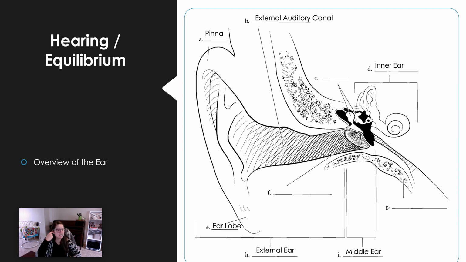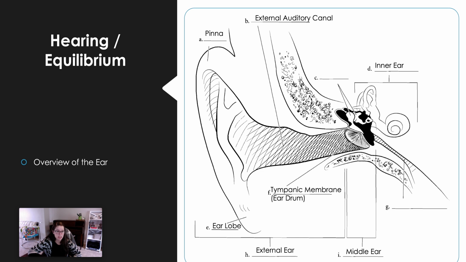So this is essentially where your external auditory canal is. This is a tunnel essentially that is going to bring in the sound waves, and you're going to hit this structure here called the tympanic membrane, which is your eardrum.